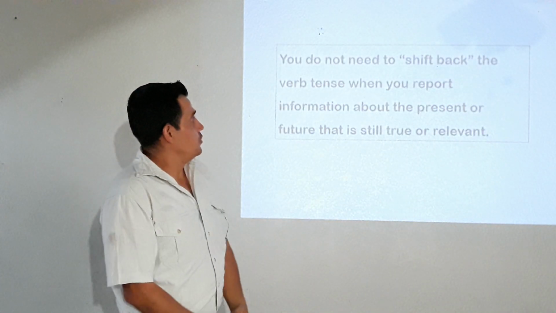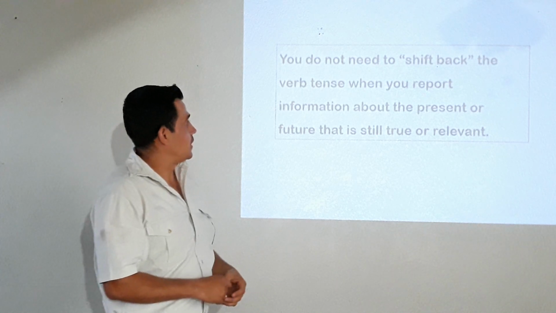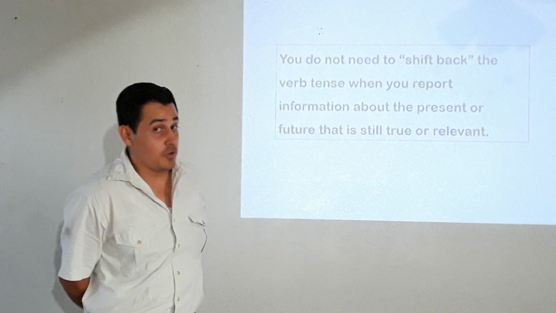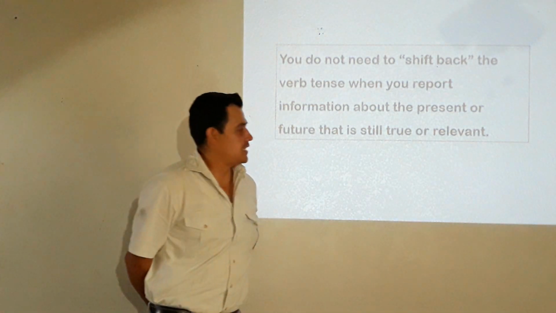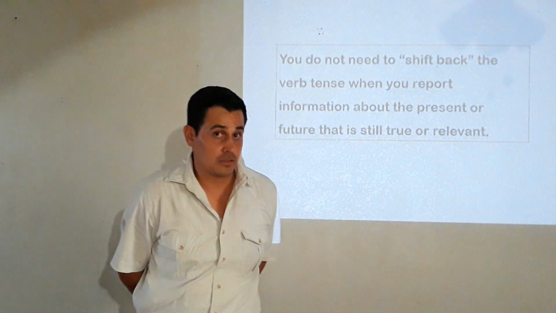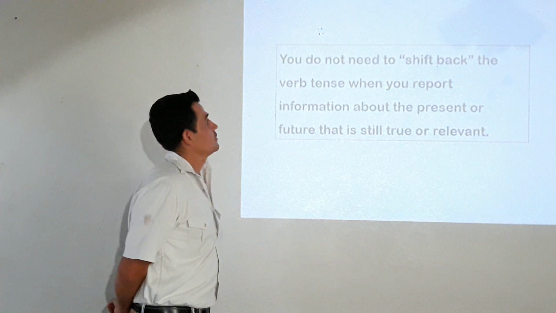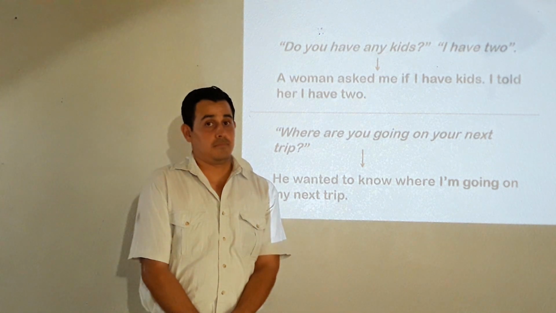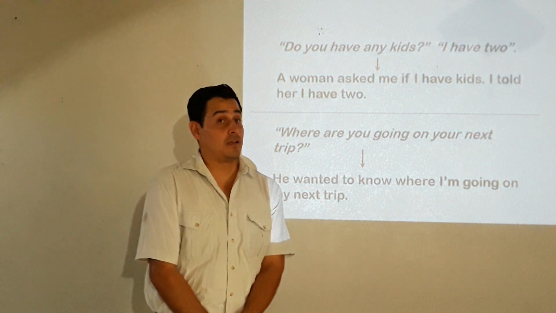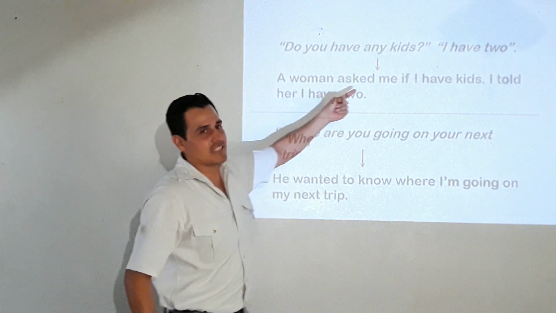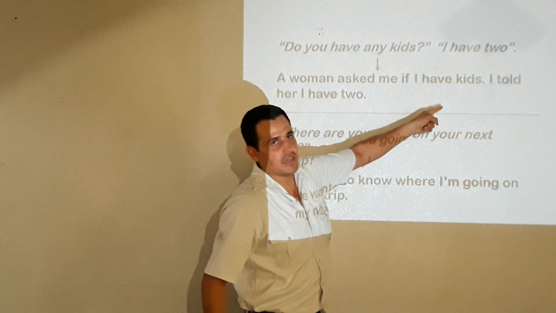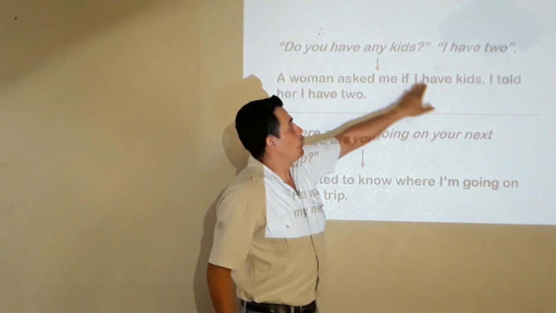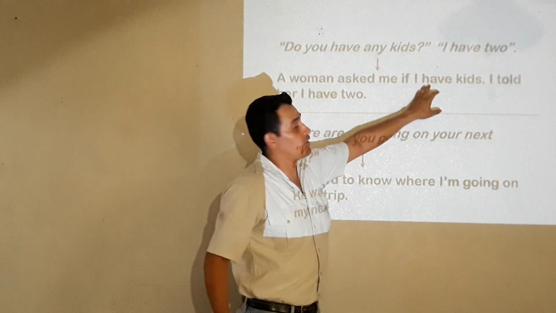You don't need to shift back the verb tense when you report information about the present or future that is still true or relevant. Examples of that. Do you have any kids? I have two. Oh, okay. A woman asked me if I have kids. Remember, in the statements that we reviewed already, we changed the present for the past.